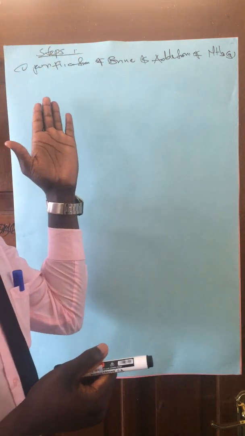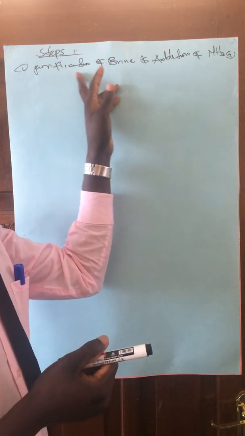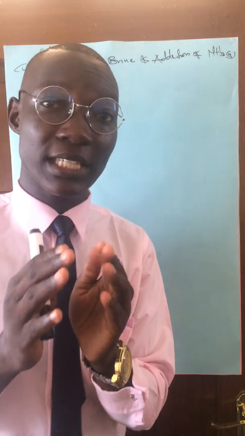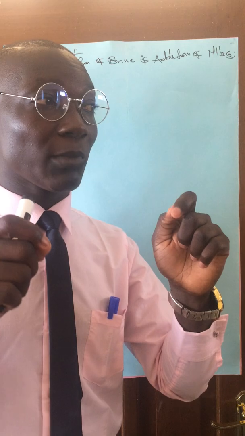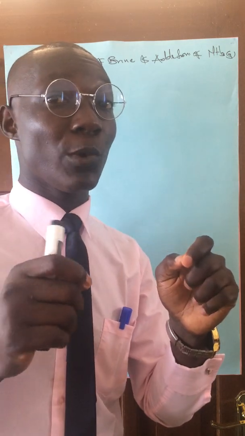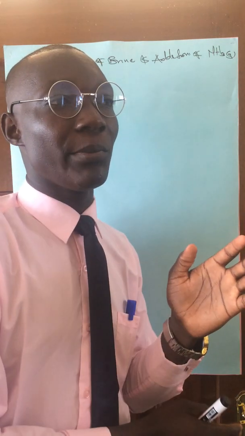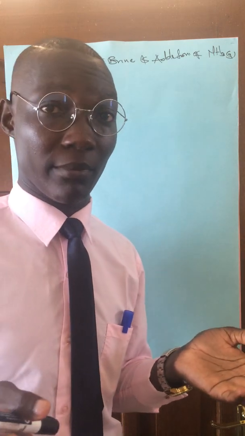Just like I've said, brine is sodium chloride with impurities. We need to eliminate these impurities because we don't need them.